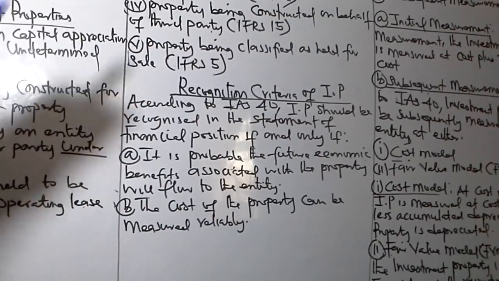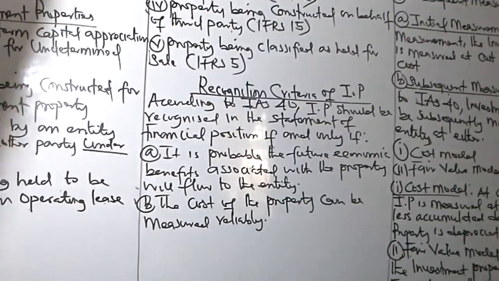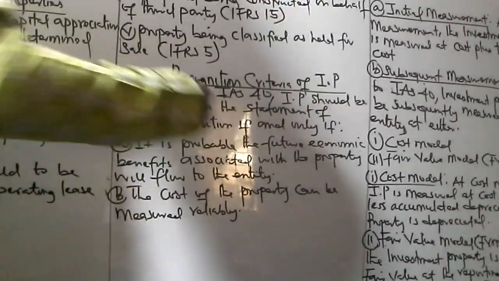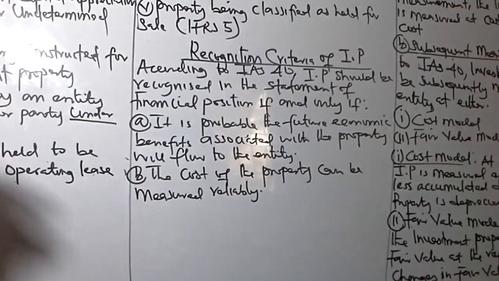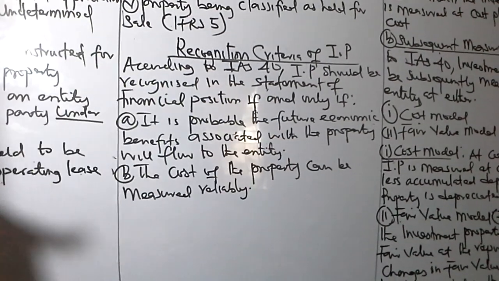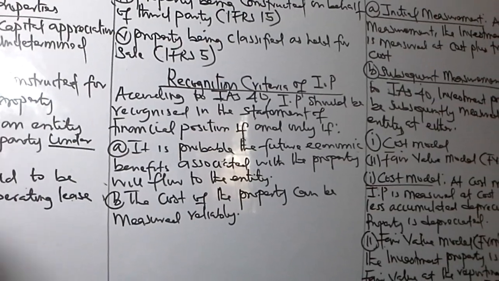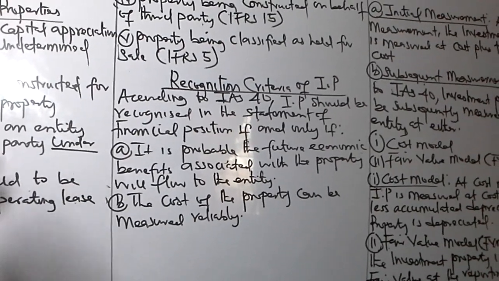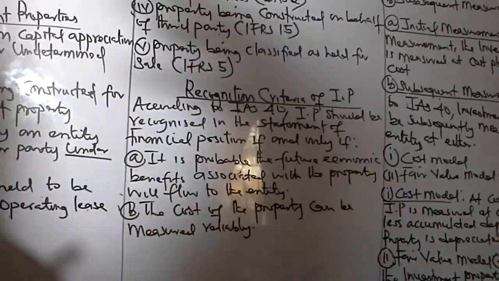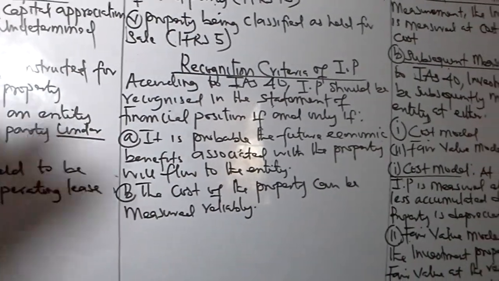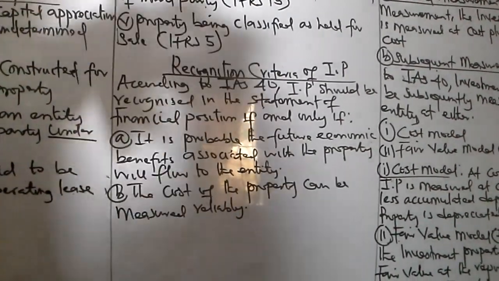One, if it is probable that the future economic benefit associated with the property will flow to the entity. That is, if it is certain that we are going to derive, we are going to enjoy, we are going to receive the associated benefit.